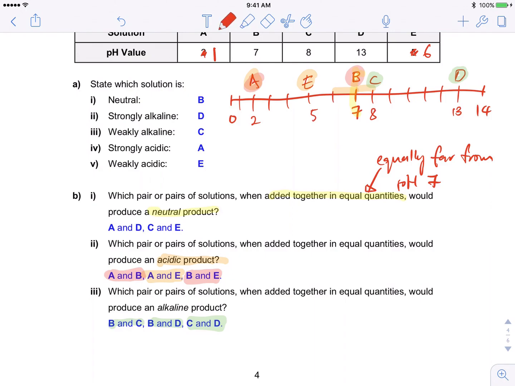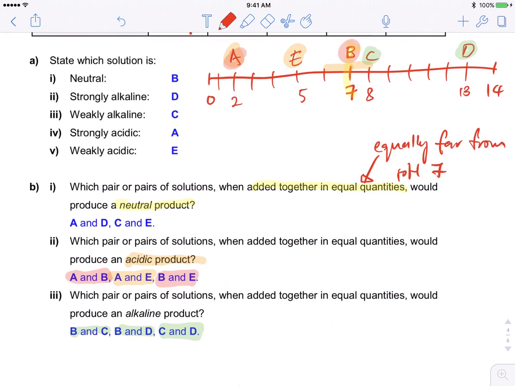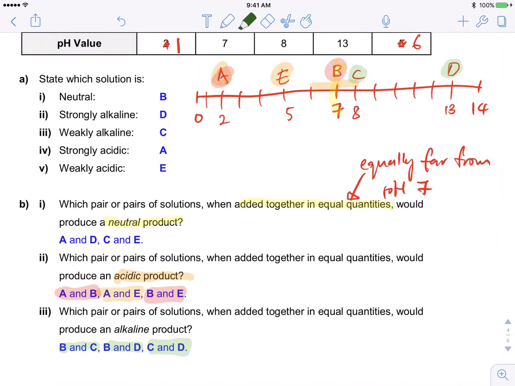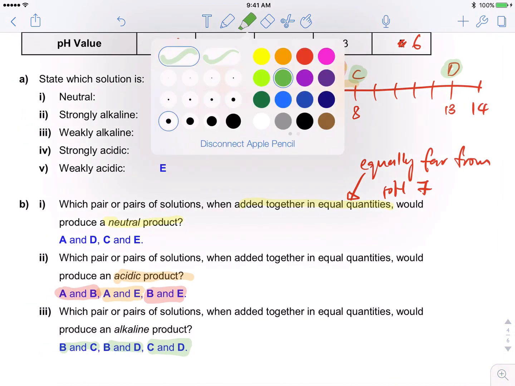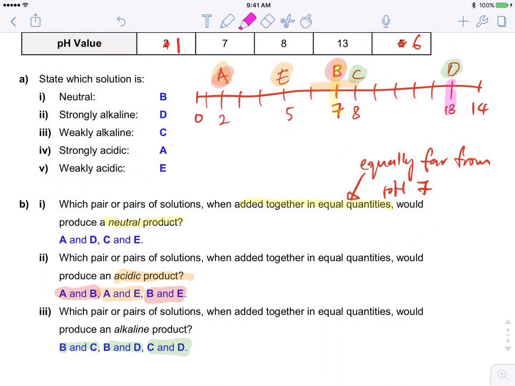It is also possible, I had a student ask me, what happens then if I were to add D to E. Because D is strongly alkaline, E is weakly acidic, overall, if you add it in equal quantities, they should still give you an alkaline solution. So the same argument goes for A and C. When added together in equal quantities, they should give me an acidic solution.